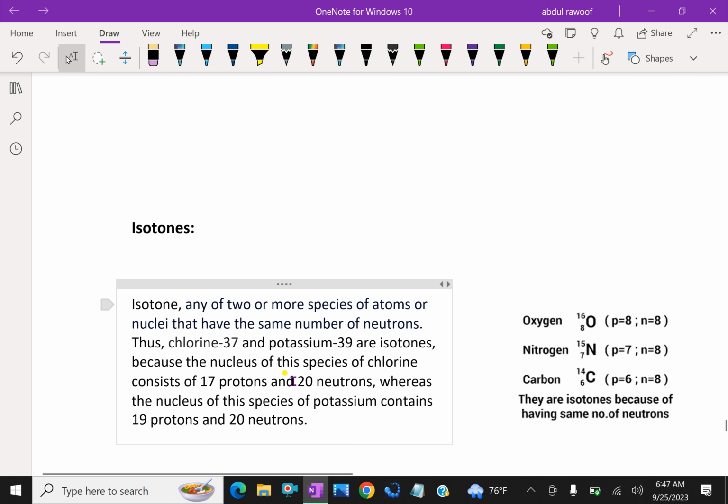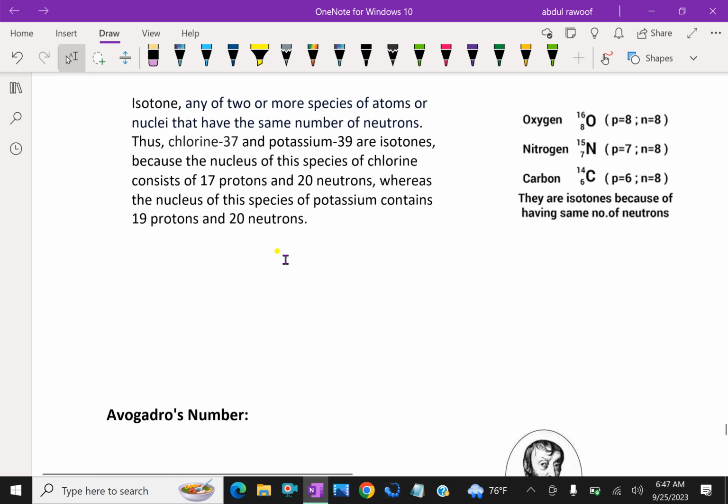Next is isotones. Isotones are any two or more species of atoms or nuclei that have the same number of neutrons. Thus chlorine 37 and potassium 39 are isotones, because the nucleus of this species of chlorine consists of 17 protons and 20 neutrons, whereas this species of potassium contains 19 protons and 20 neutrons.